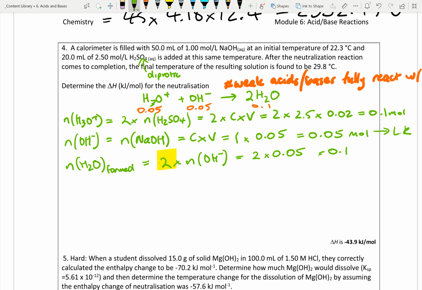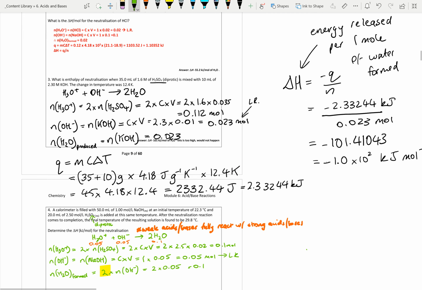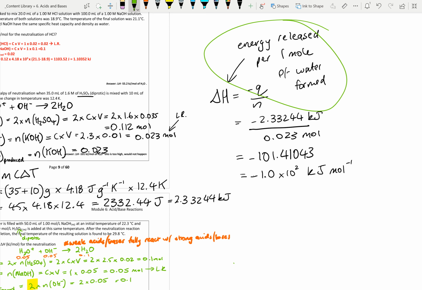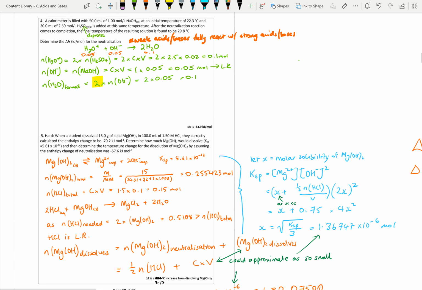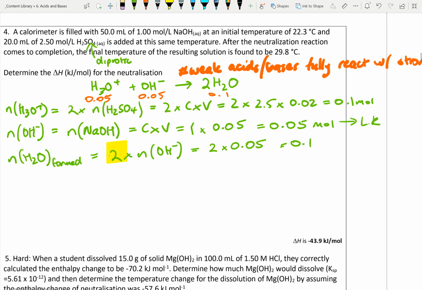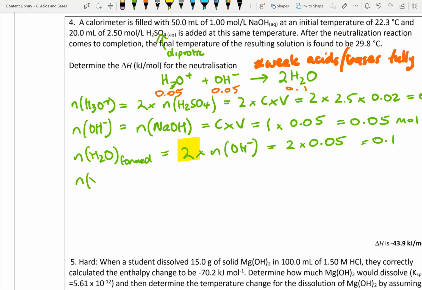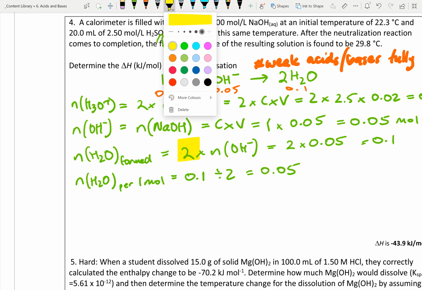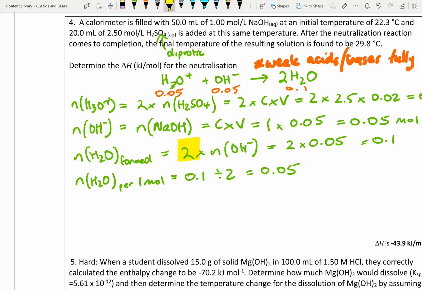And that's because the definition of enthalpy of neutralization is the energy released per 1 mole of water formed. So I've got to come back to this and go, well, moles of H2O per 1 mole is going to be equal to 0.1 divided by 2, equals 0.05. Now, I don't normally do this, but I've reflected on the fact that I really should.